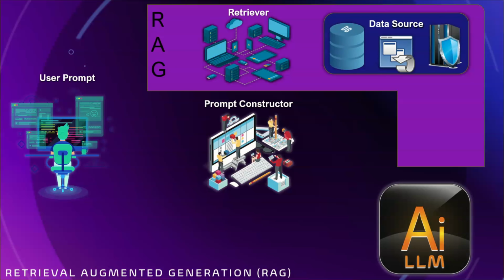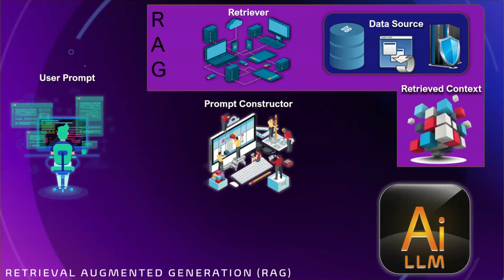Data sources are where the system retrieves raw, unprocessed information, such as documents, databases, servers, or internet content. Then we have the retrieved context. It is the concise and most relevant data extracted from the sources, tailored to fit the large language model's limited context window.